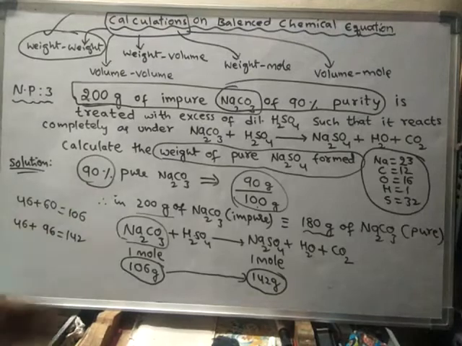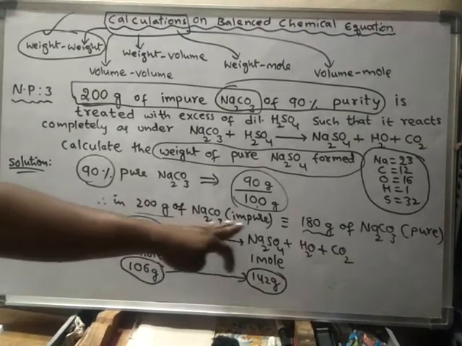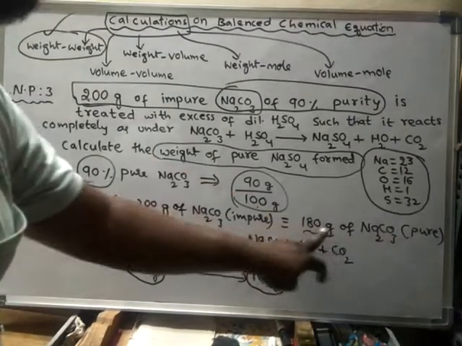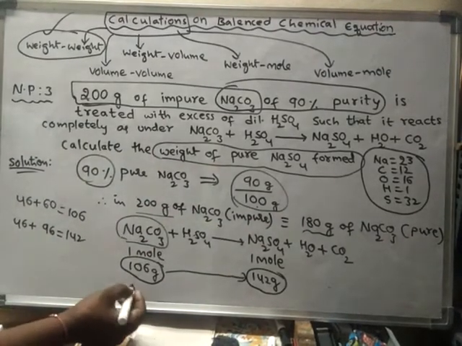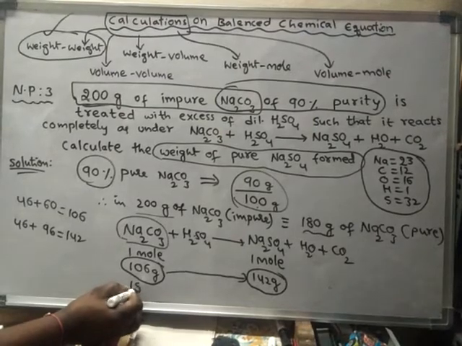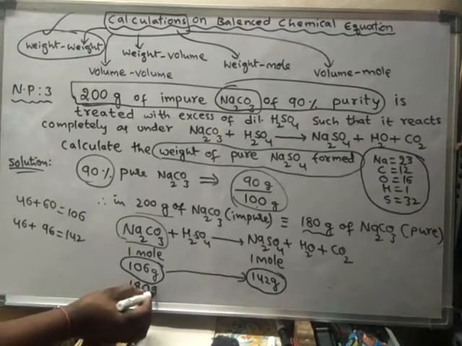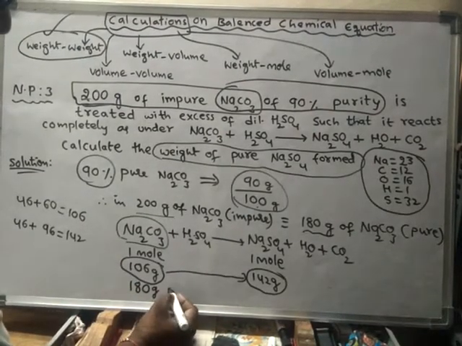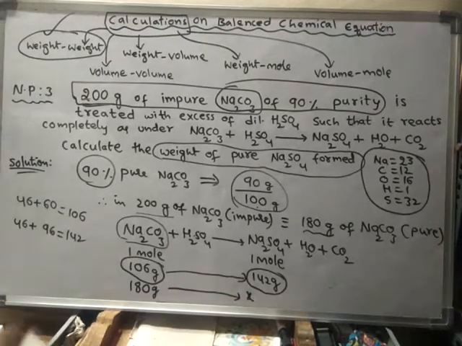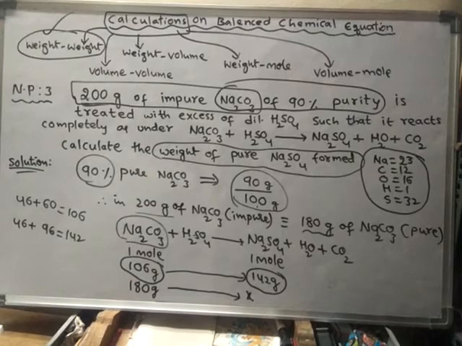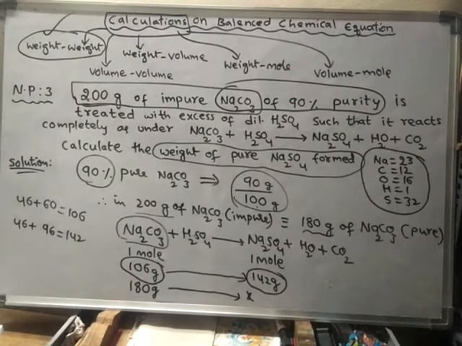But here, how much amount of pure Na2CO3 is present? 180 grams of pure Na2CO3 is present. So if 180 grams of pure Na2CO3 is there, then how much pure Na2SO4 will be formed?